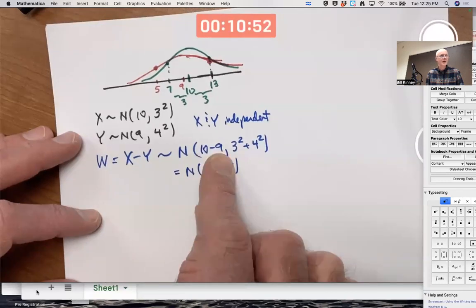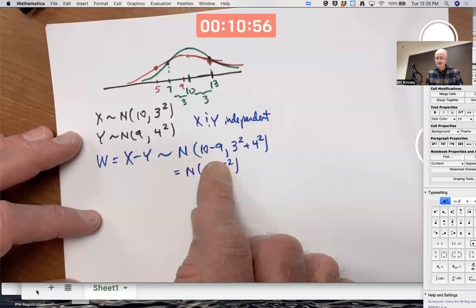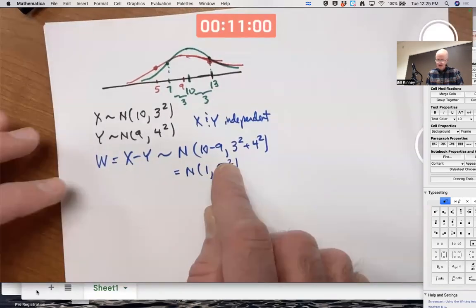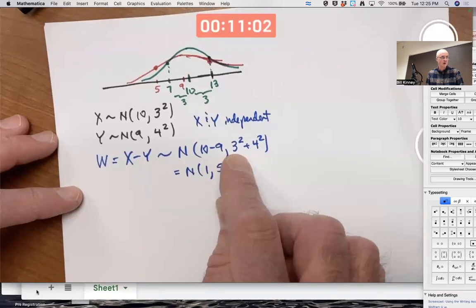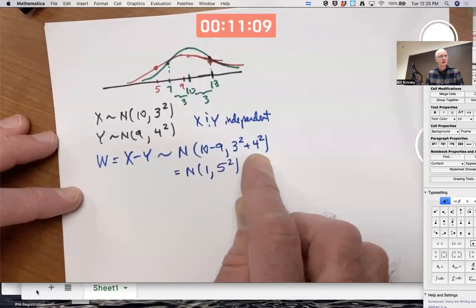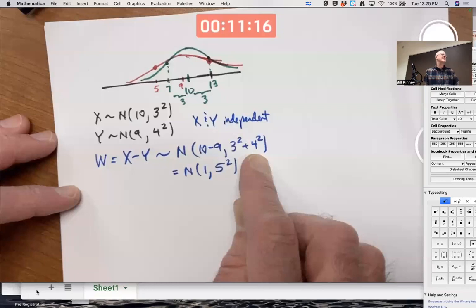Same kind of linear combination of the means, 1 times 10 plus -1 times 9, 10 minus 9. And then 1 squared, you don't see a 1 squared, but it's there implicitly, times 3 squared plus -1 squared times 4 squared. The A's are 1 and -1. You add them. It couldn't be subtracting.